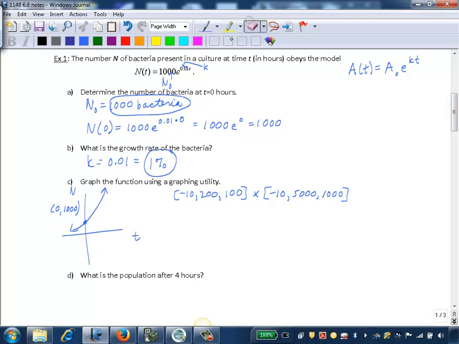And then finally, in Part D, we're asked to find the population after 4 hours. So the population, that's the number of bacteria. So we want to solve for n when our t, our time, is 4 hours. So we'll just substitute into our function. We want to find n of 4, the amount of bacteria when the time is 4. So we'll have our 1,000 times e to the 0.01 times 4.